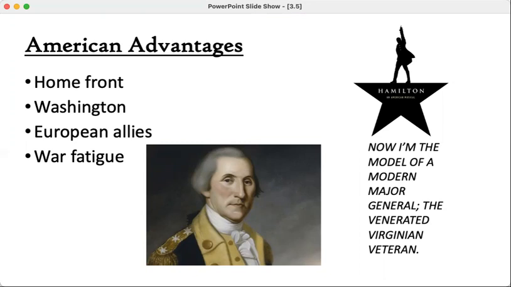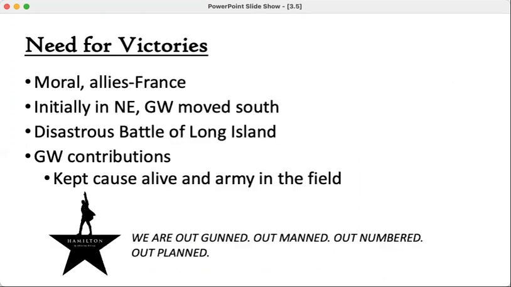So we need victories. We need an increase in morale. We need allies. We need France, frankly. Initially, in New England, George Washington, so GW, moves south.